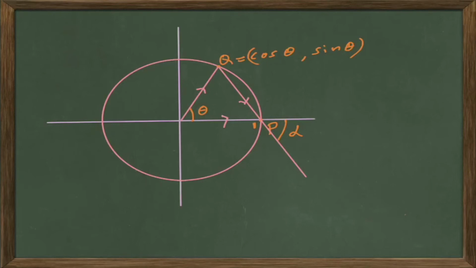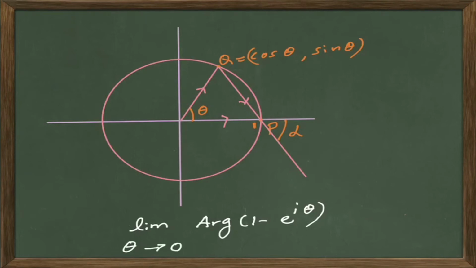Therefore, it is clear from this diagram that the limit of the principal argument of 1 minus e to the i theta as theta approaches 0 from the right-hand side is equal to, notice that as the point Q comes closer and closer to P, the angle alpha decreases from 0 to minus pi by 2.